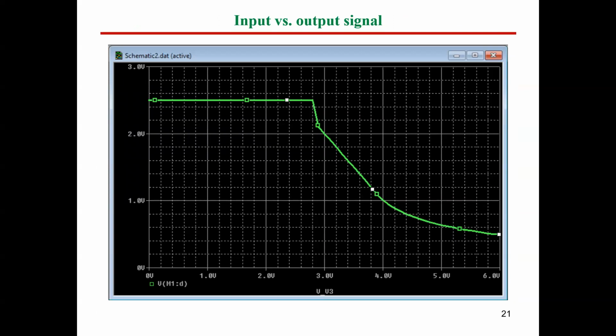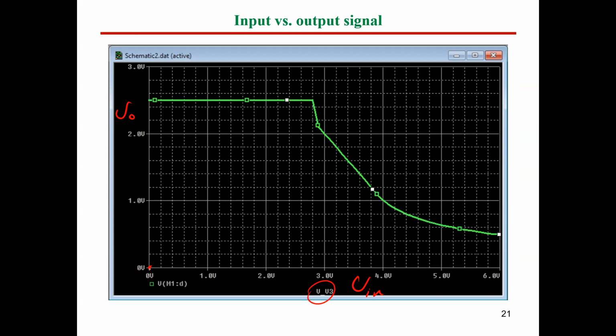So this is the output volt now. This is V out, and this is V in, which is V3 as we said. So we change the volt here from 0 to 6, and the output volt will be like that.